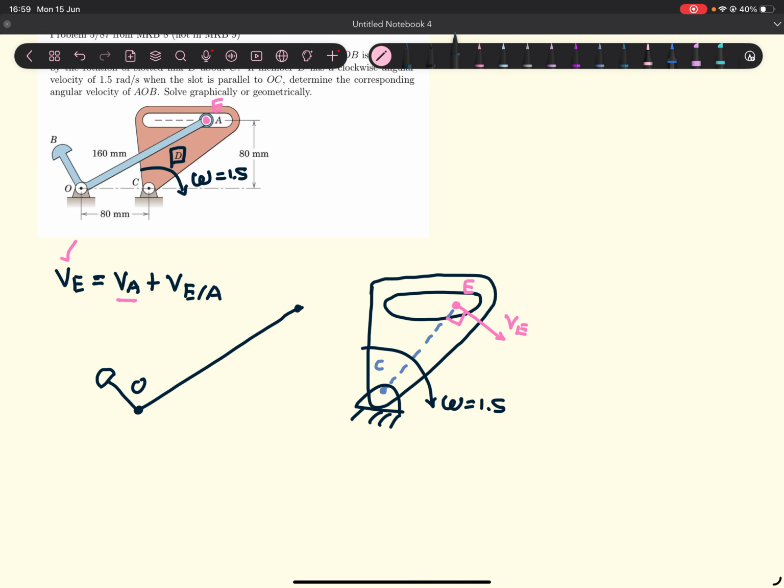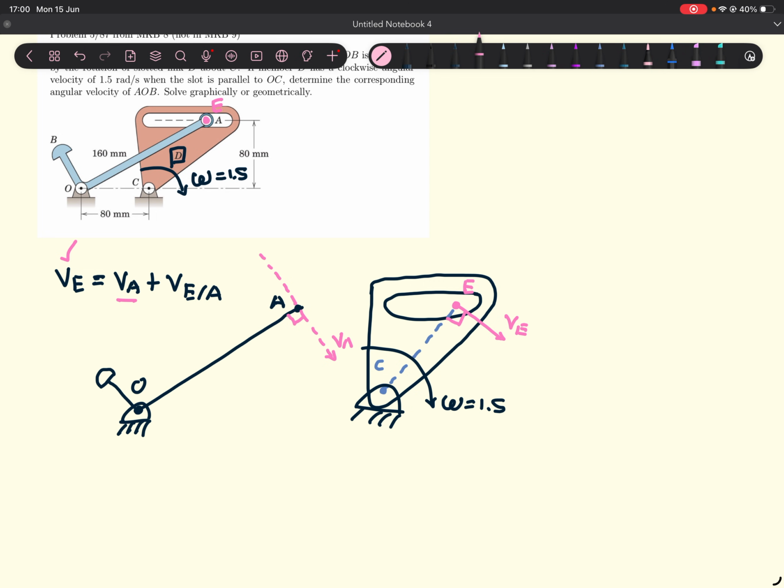So this is point O, and then this is point A, and I know that VA is either going to go up or it's either going to go down. Intuitively, it's probably going to go down, but let's assume that we don't know, right? And we'll figure it out as we go along.